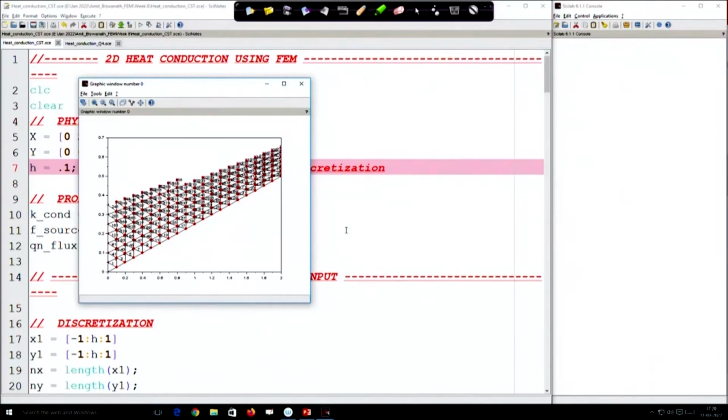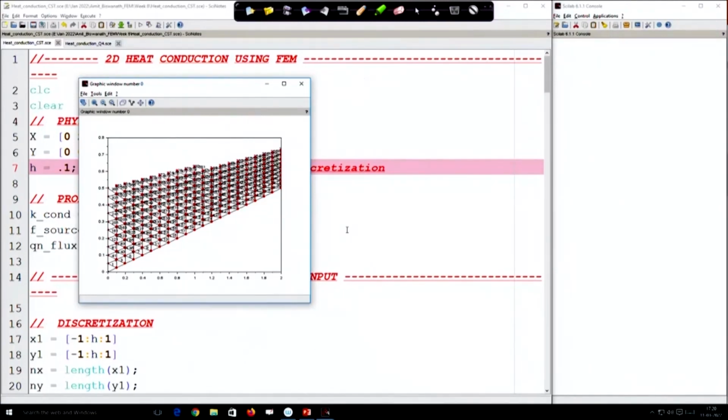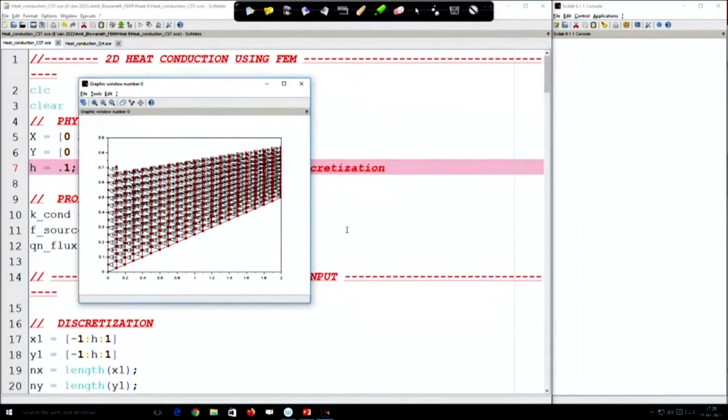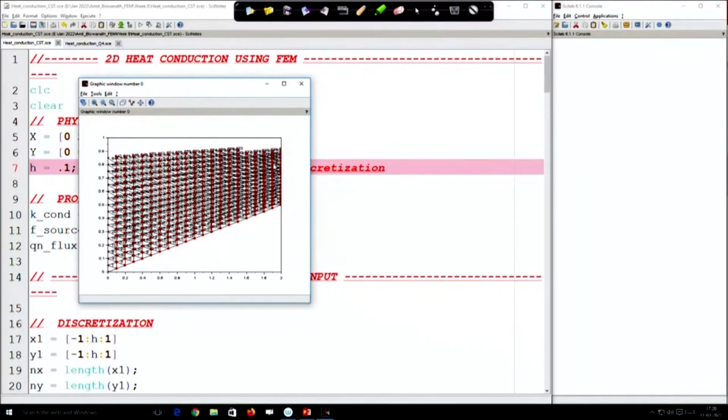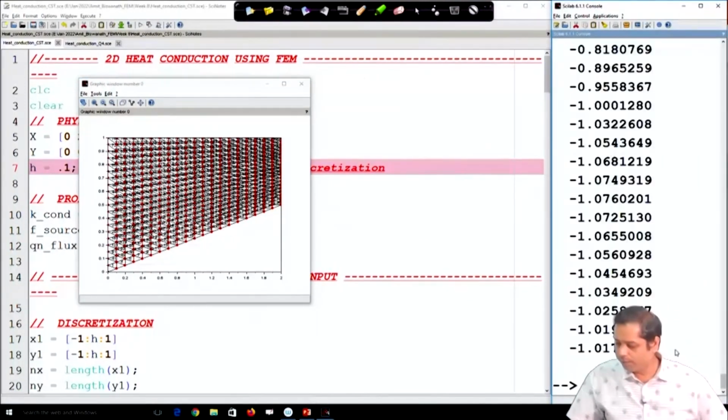We could have commented out this plot command. It's almost done. So U will be 1.017.